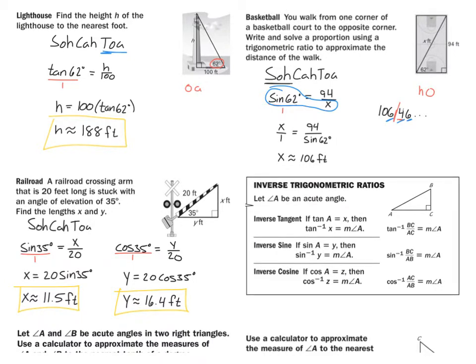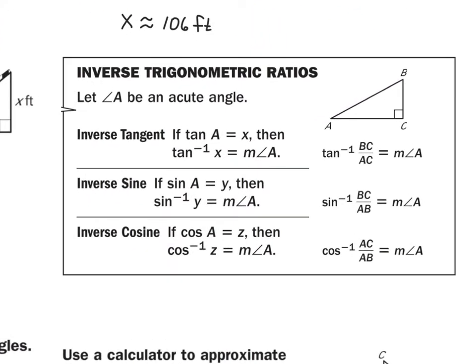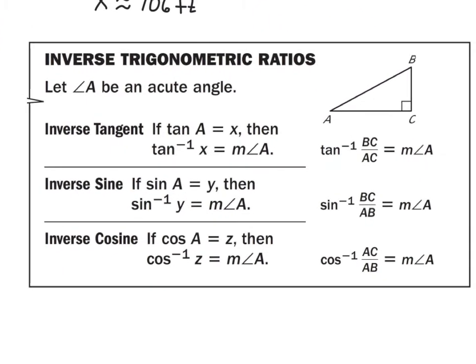Okay, folks, so we are still on section 8.3, dealing with trig ratios, but today we are on the back side of your 8.3 notes, and we are going to work with inverse trig ratios. Inverse trig ratios allow us to solve for the angle rather than solving for a missing side length.